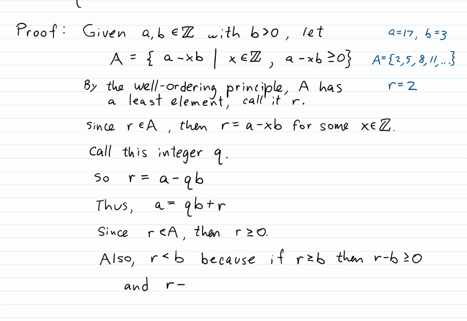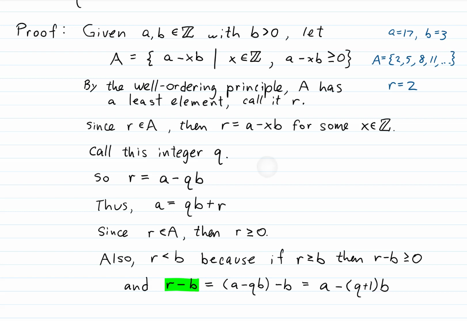R minus B would equal, well, remember, R equals A minus QB, so that would be A minus QB minus B, which is the same thing as saying A minus (Q plus 1) times B. So look what I have here.